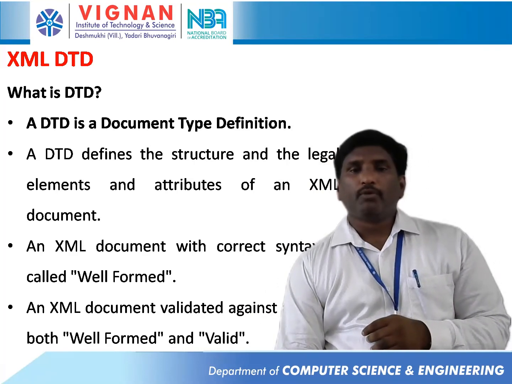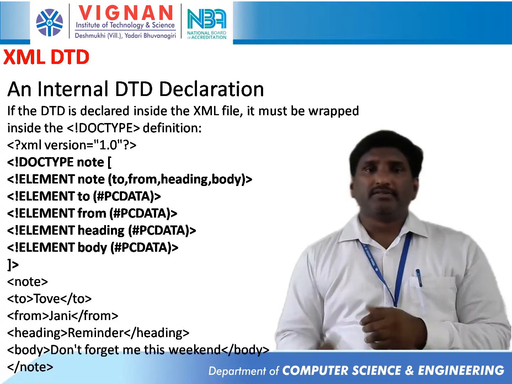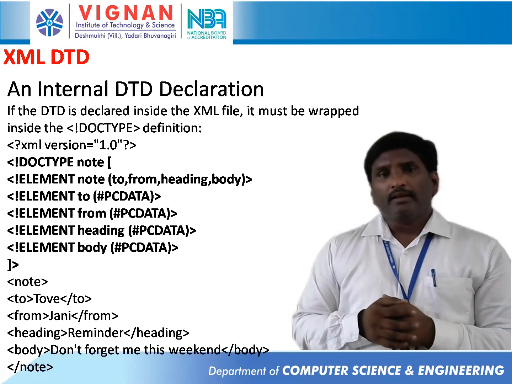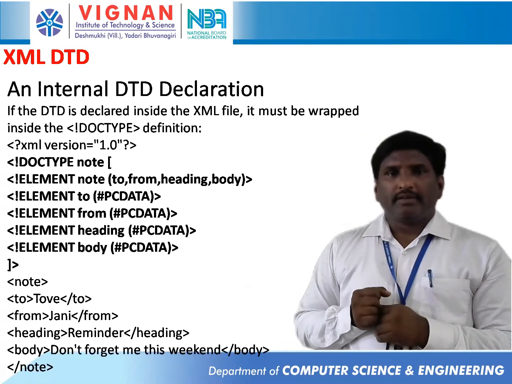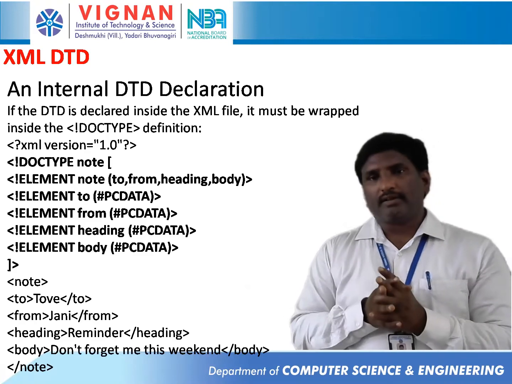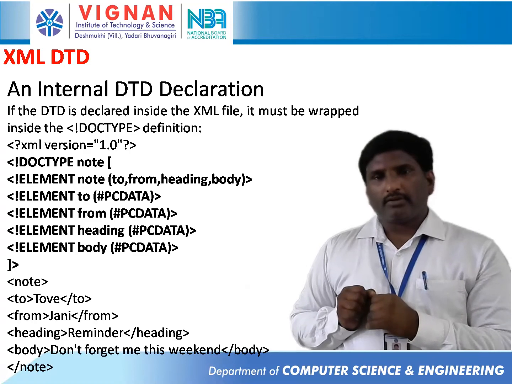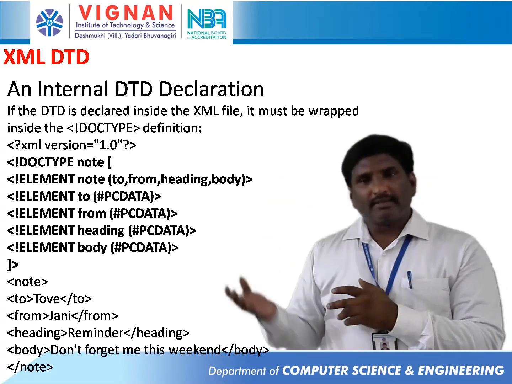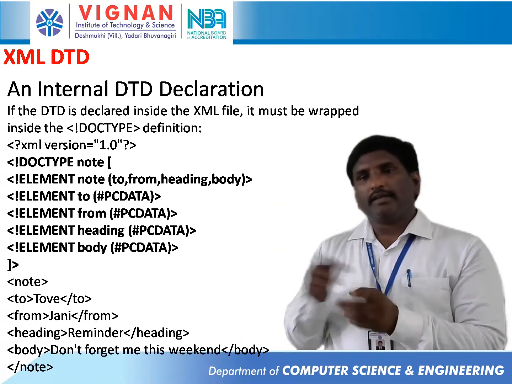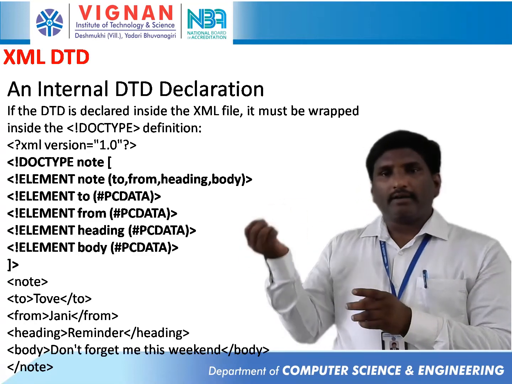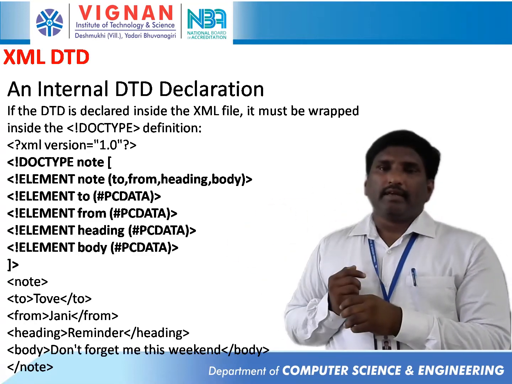So what is the document type definition? There are two ways we can write DTDs. We can declare the DTD within the XML document, or else we can create an external DTD and provide a link to it within the XML document.